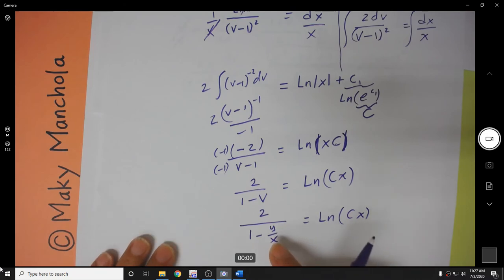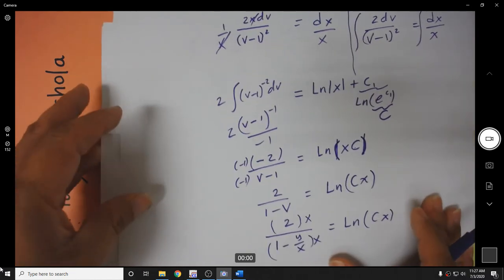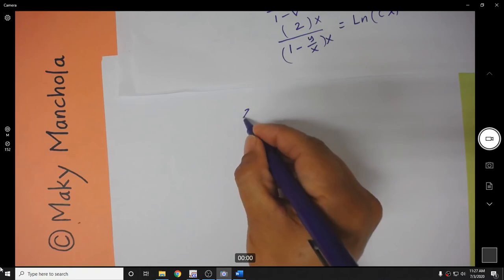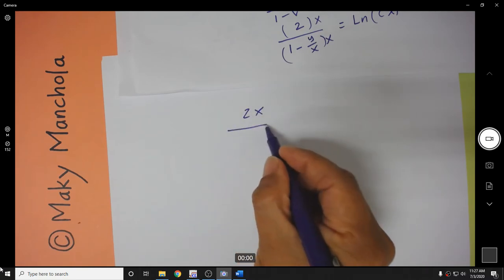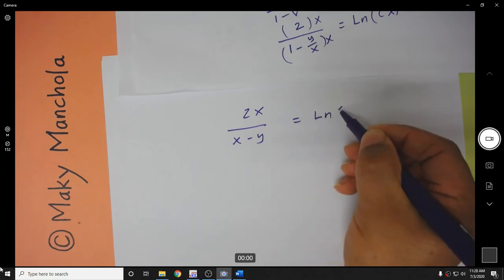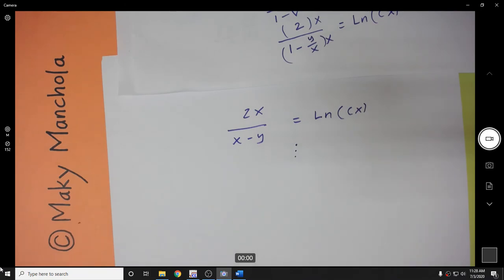If you would like to express your answer where y is solved for, then you have to multiply top and bottom by x. That will give you 2x over (x minus y) equals ln of Cx.